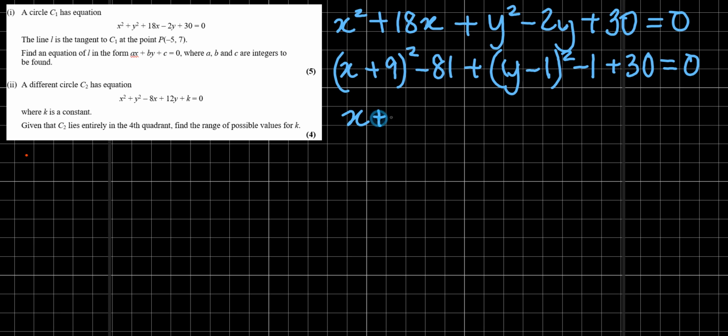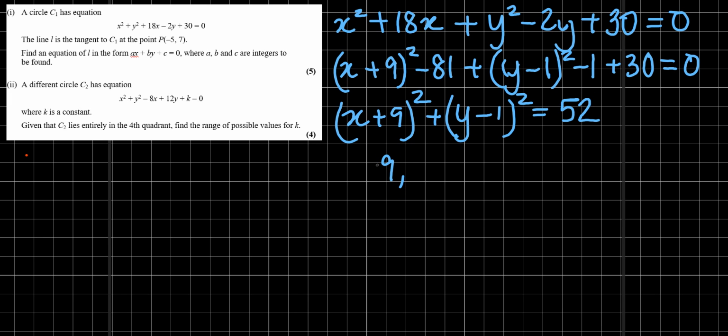So (x plus 9) squared plus (y minus 1) squared equals minus 81 minus 1 is minus 82 plus 30 is minus 52. So the radius squared is 52. So the center of the circle is (-9, 1).